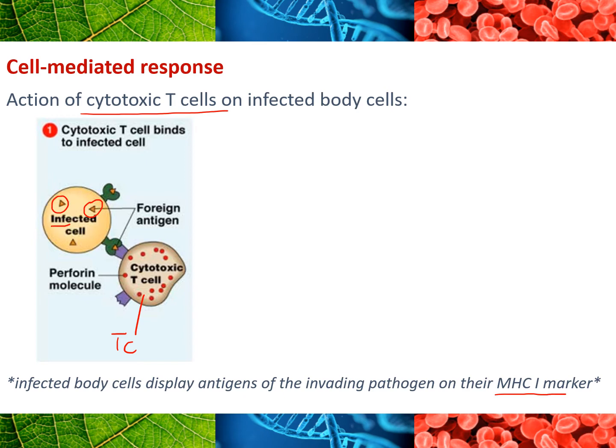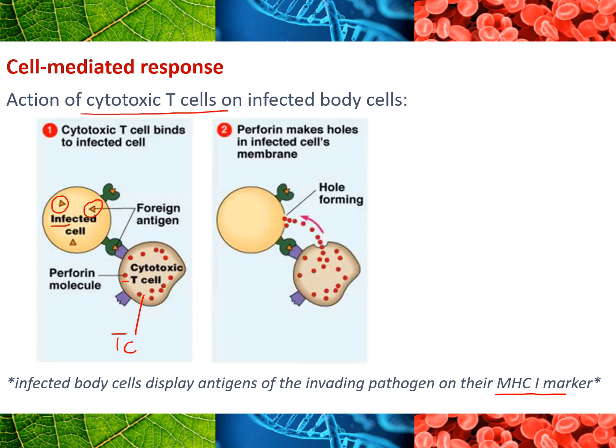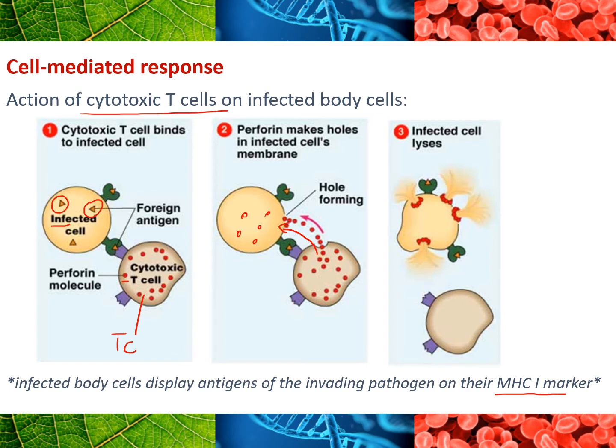Inside these cytotoxic T cells, you can see we've got these things called perforins. Okay, so these are signaling molecules within the cytotoxic T cell. Those perforins will actually leave the cytotoxic T cell, and they will make holes in the membrane of the infected cell. And I'm sure, as you can imagine, if we make enough holes in the membrane of that cell, it will lyse.